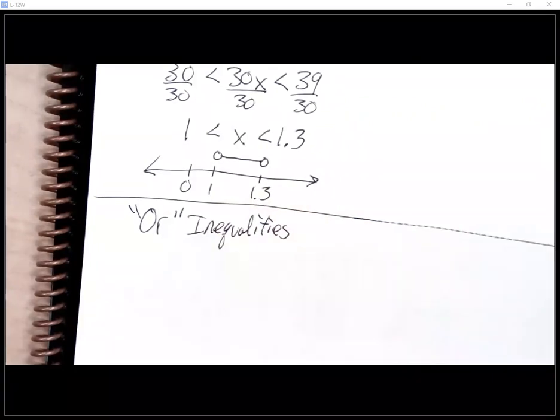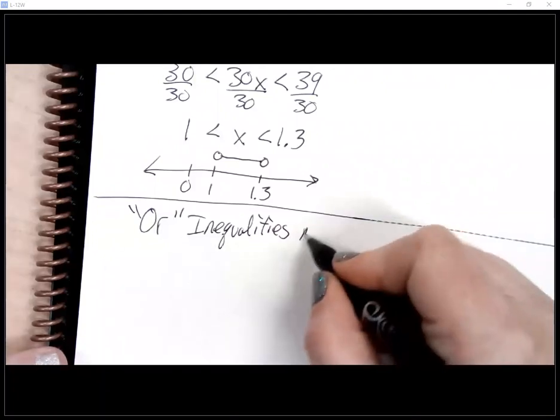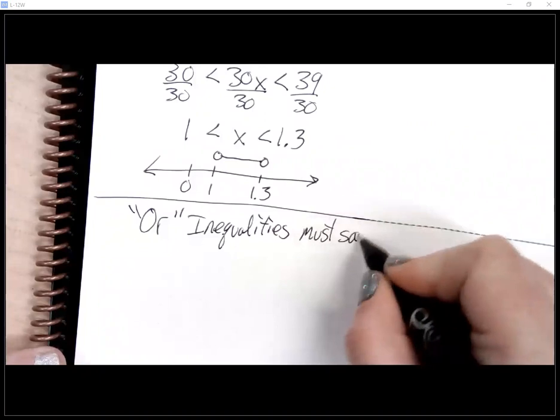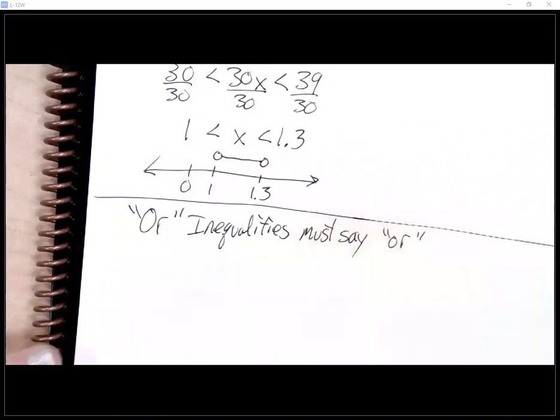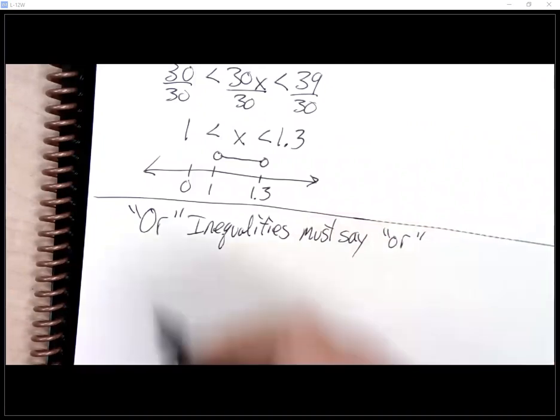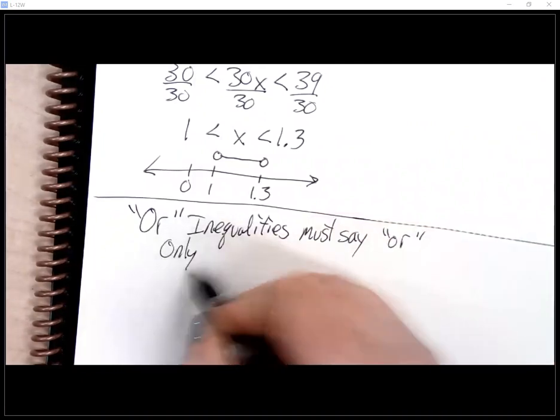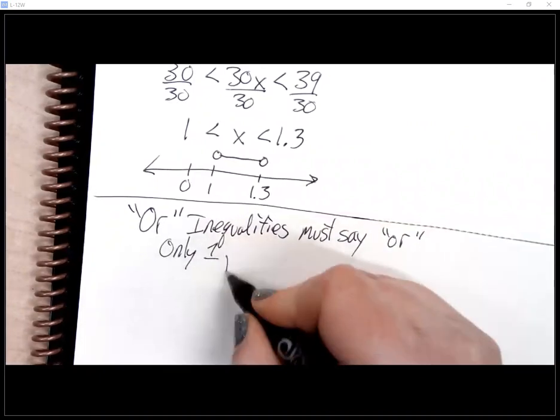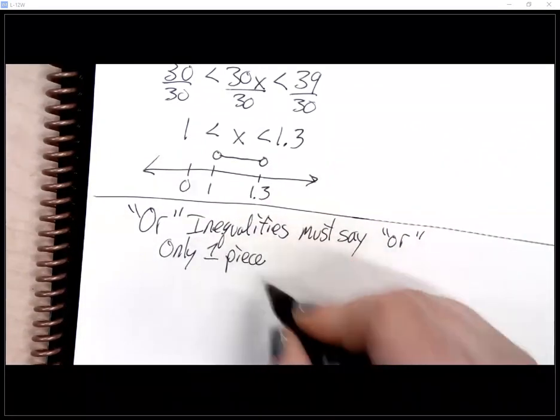Ors have to have the word or. And I'm sure you have figured out the difference. For ands, I needed a solution that works for both. For ors, I only need a solution that works for one of the 2 options. So only one piece needs to be true.